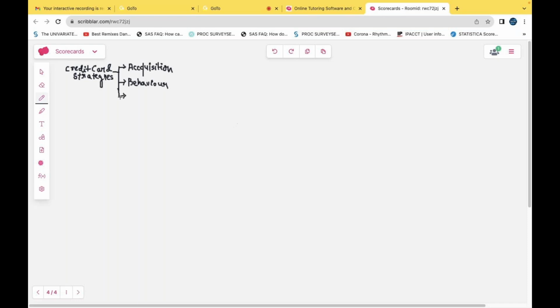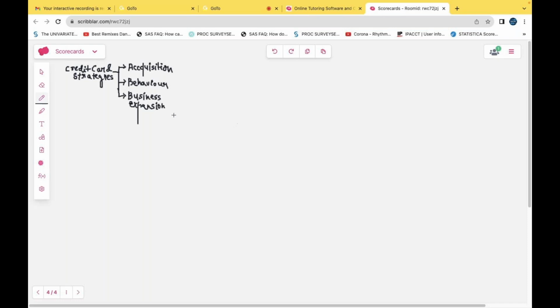And the third would be the business expansion strategies, or as we call them, the opportunity analysis and opportunity strategies.